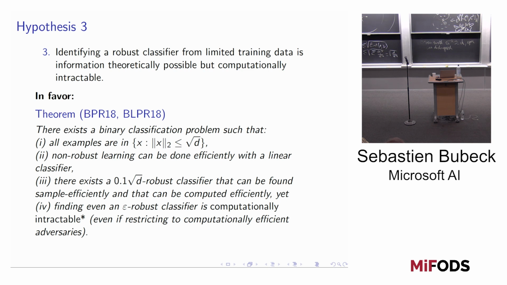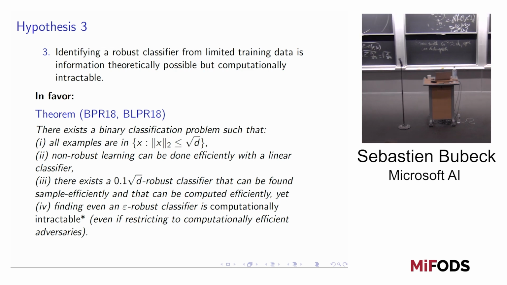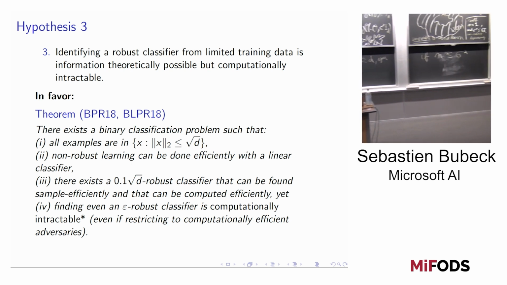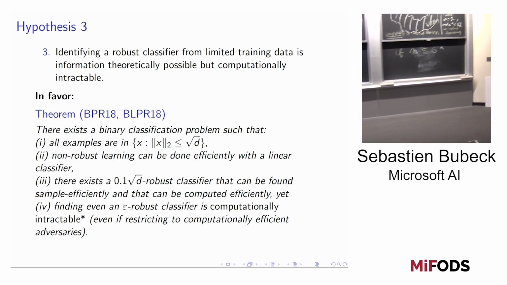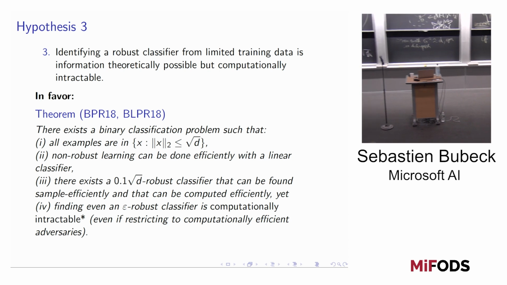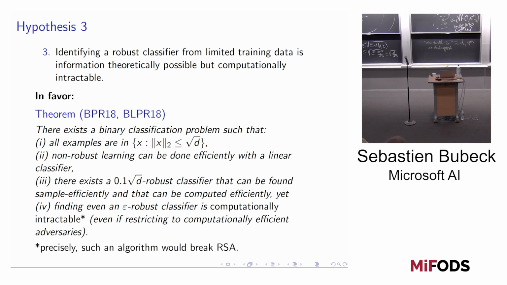What do I mean exactly? Even if you restrict to adversaries which are themselves computationally restricted. I don't even need to have access to super crazy adversaries. A very simple adversary will suffice to mess up any efficient robust classifier. And the notion of intractable in this theorem is the strongest we have right now.